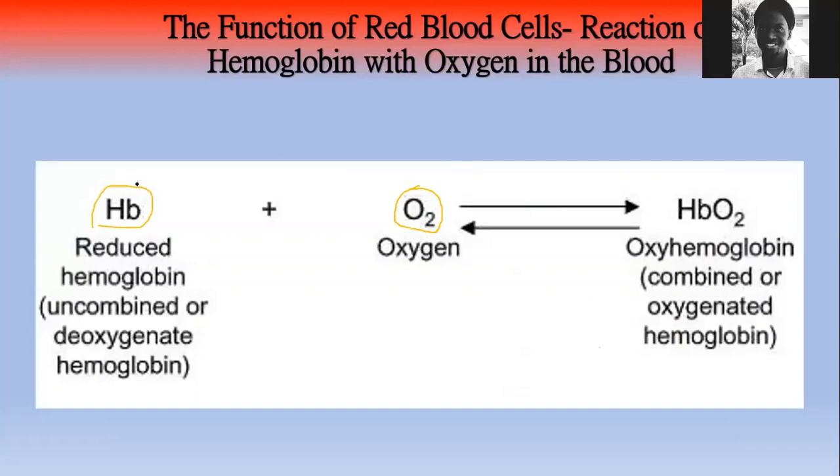At the lungs, the hemoglobin would bind to the oxygen to form oxyhemoglobin. When the blood gets to the cells, the oxyhemoglobin would release the oxygen to get back hemoglobin and oxygen again. The oxygen would diffuse out of the blood into the cells for cellular respiration. So learn that equation.